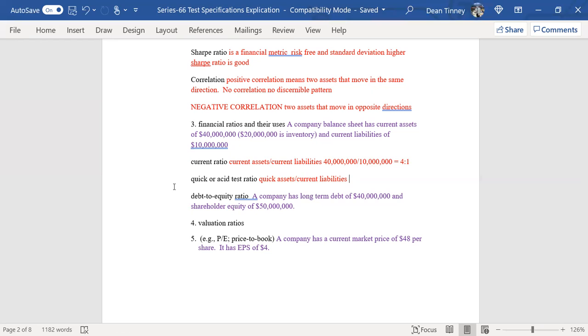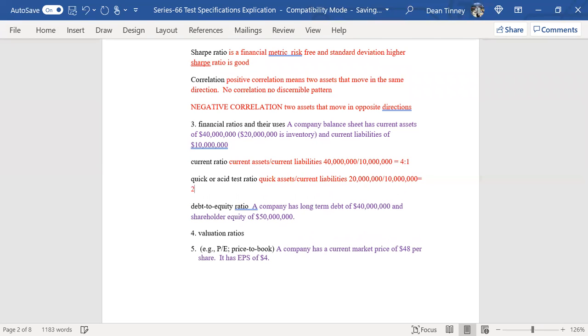So we're going to toss out that, and that means we have quick assets of 20 million. That's the current less the inventory. We divide by 10 million, and we find out that's 2 to 1. So we have $2 in assets for every dollar we owe. So that's not too bad.